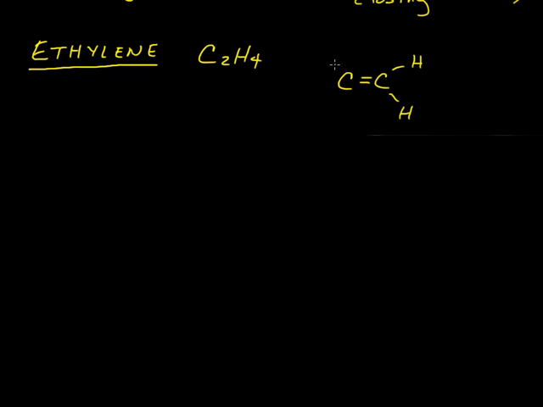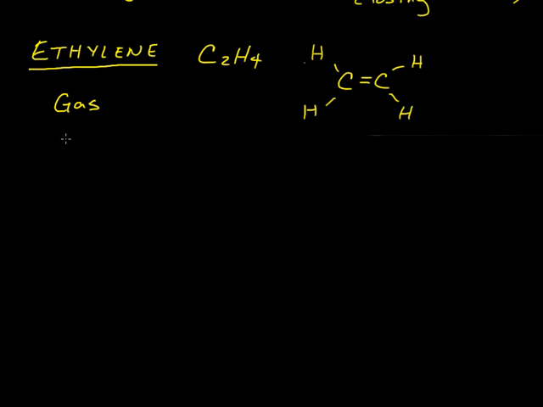There's a double bond between two carbons, and each carbon has an additional two hydrogens connected to it. What's unique about it is that ethylene is a gas. These others are liquid or some sort of acid or salt compound that is dissolved in the cytoplasm, for example, or in xylem fluid or phloem sap, whereas ethylene is a gas.